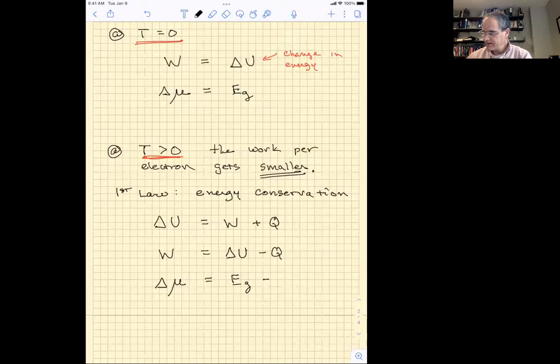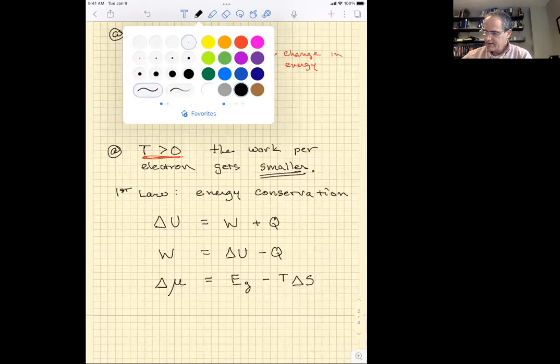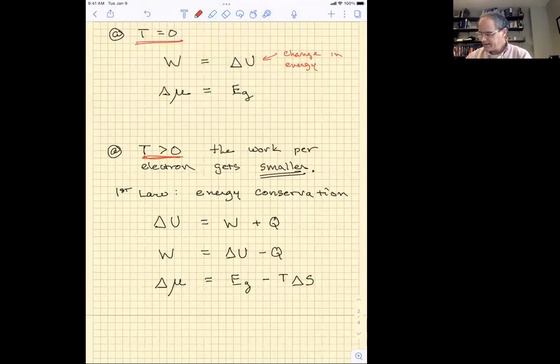And according to thermodynamics, since the system remains at constant temperature throughout the process, this term is T times delta S, where T is the temperature and delta S is the change in the entropy due to adding one electron on the n-type side and adding one hole on the p-type side. Remember, when we take the electron around the loop, we add an electron on the n side, but we've taken away an electron on the p side, so we've added a hole.